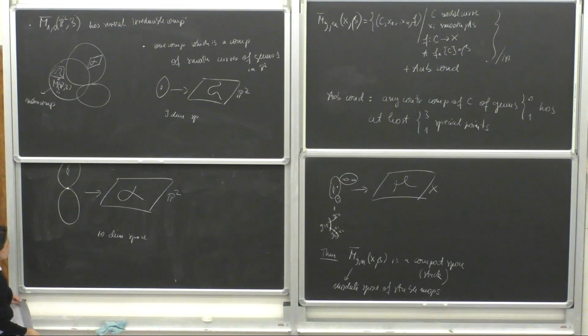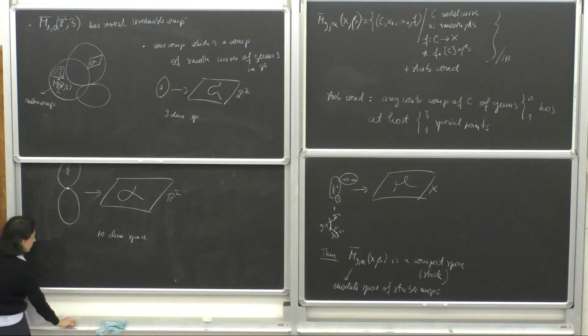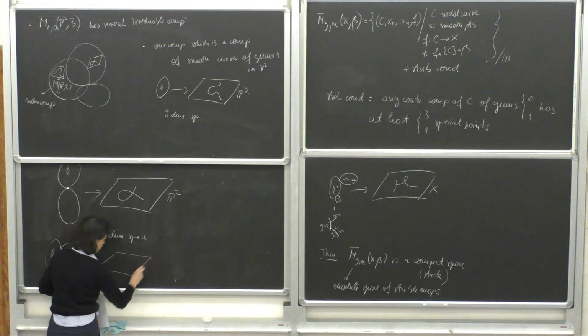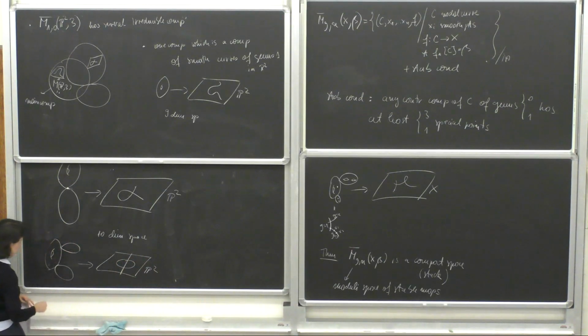And then with the same recipe, I also have something else. So this was one, but I also have my genus 1 curve, and I can glue it to two P1s, and I send this in P2 to a conic and a line.